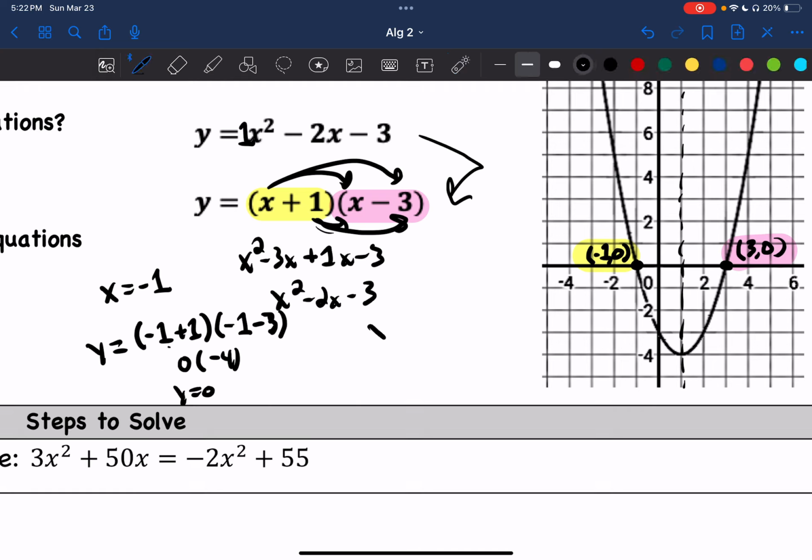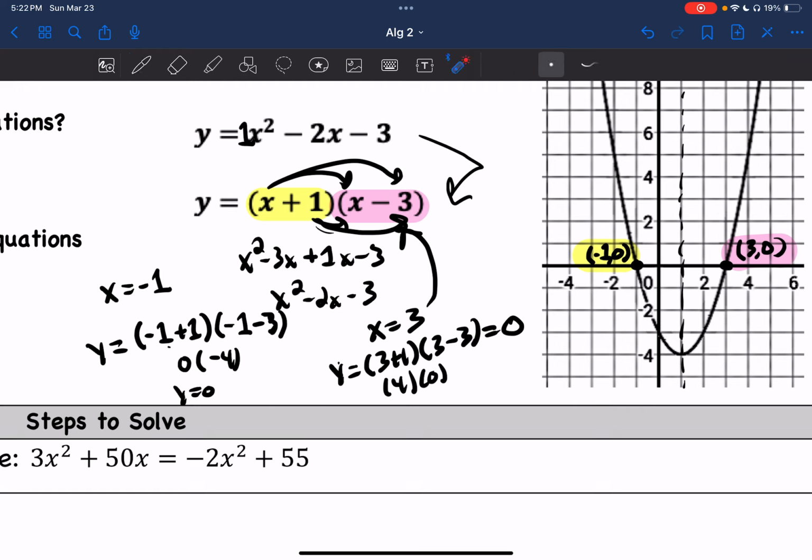Same thing when x is equal to 3. If we plug 3 in there, we're going to get y is equal to 3 plus 1 times 3 minus 3. 3 plus 1 is 4, but 3 minus 3 is 0. So y is also going to be equal to 0.